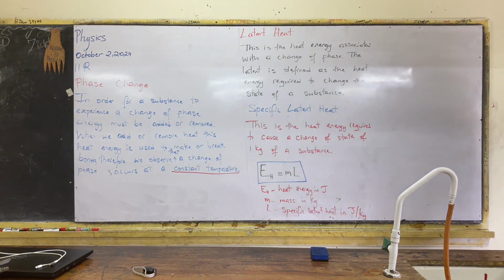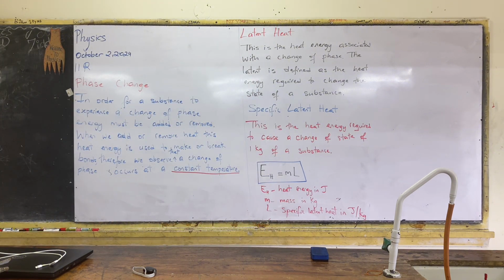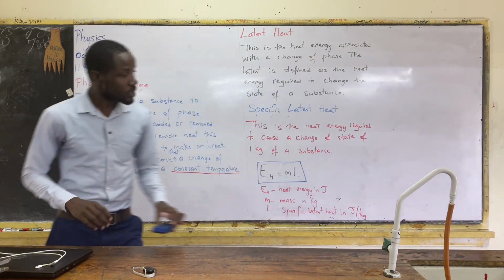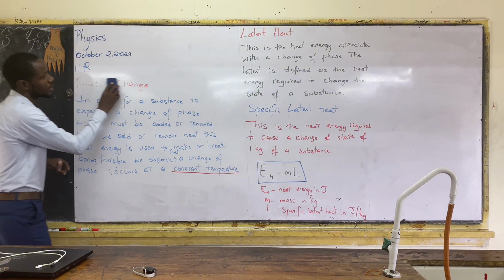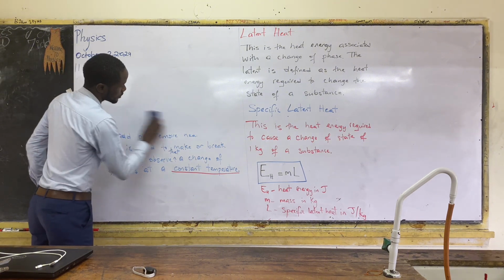All right, so as you note that down, we're going to be looking at that shortly. So that's the specific latent heat. I'm going to go over this side to talk about the specific latent heat of when you go from a solid to a liquid or vice versa.